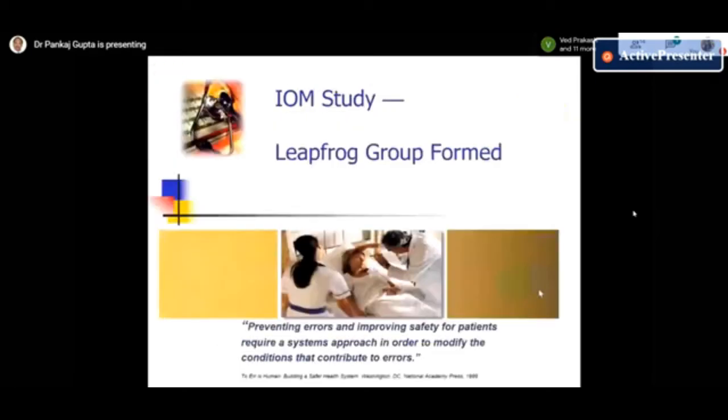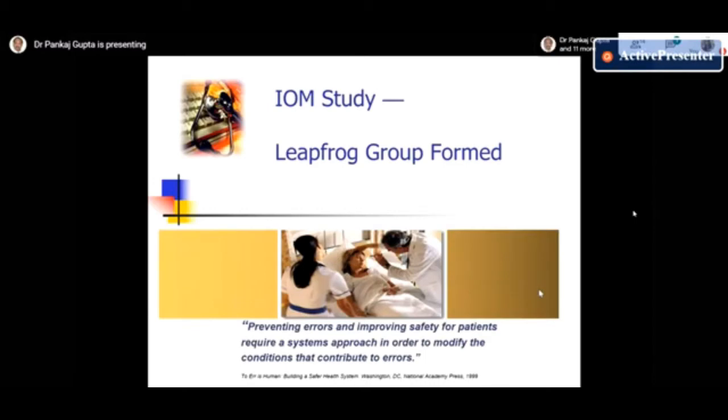That is when the Leapfrog Group was formed. The Leapfrog Group was created by large employers like Microsoft, Boeing, Ford, and a couple of others. These large employers all got together and created the Leapfrog Group.